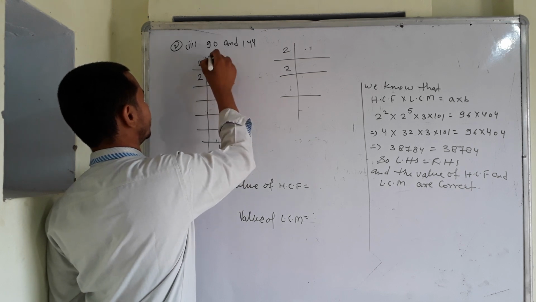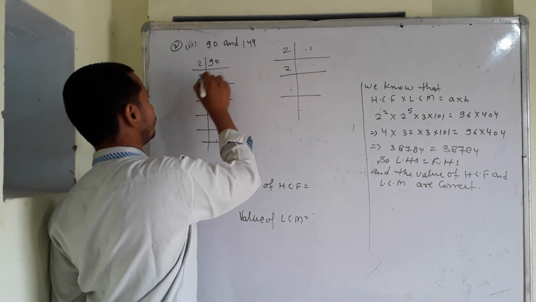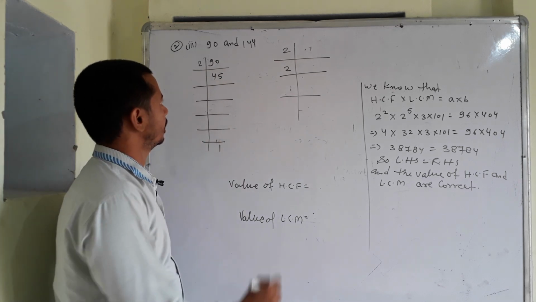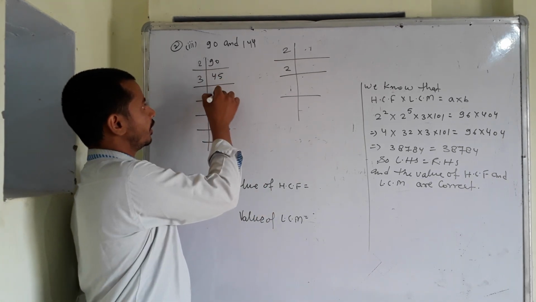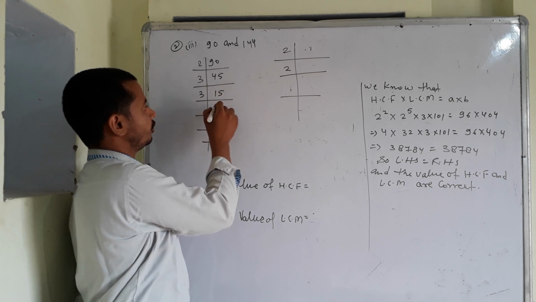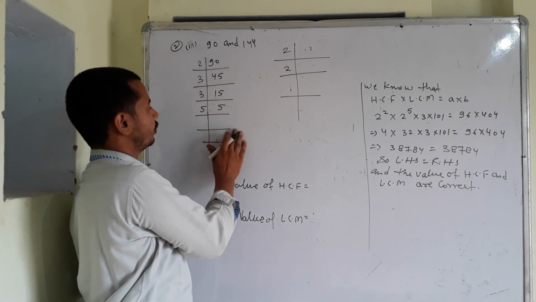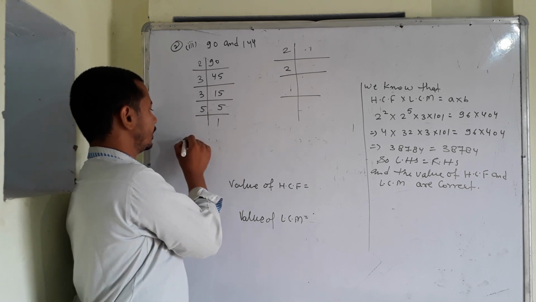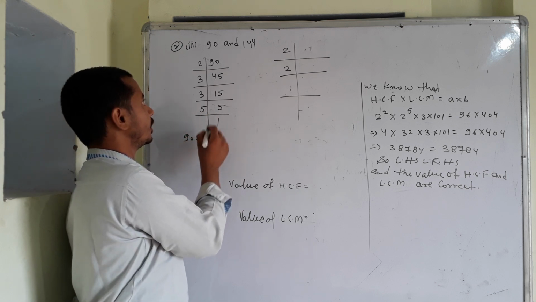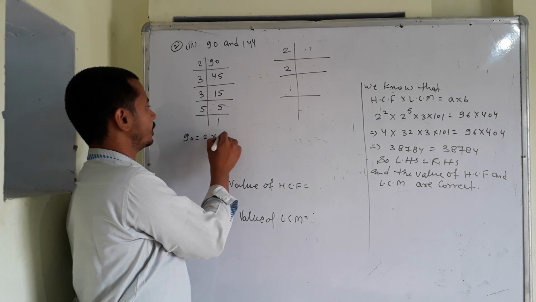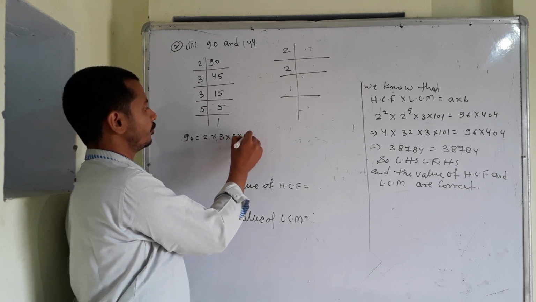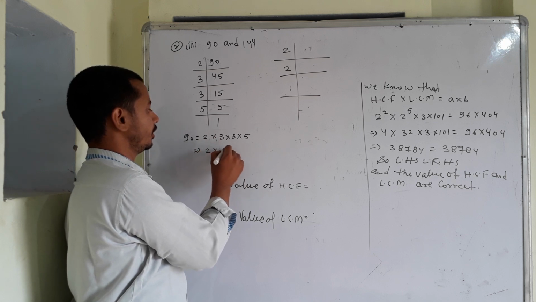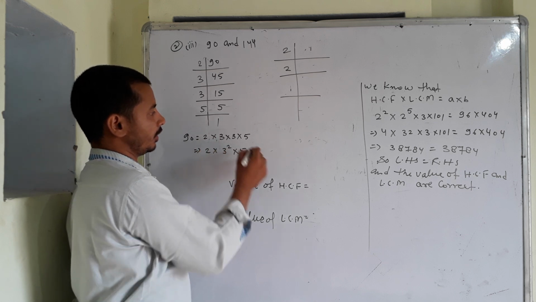When we factorize 90 by 2, then we find 45. Okay, divide by 3, then we find 15. Again divide by 3, then we find 5, and the last factor of 90 is 5, so we find 1. And we can write 90 equal 2 multiply 3 multiply 3 multiply 5, and we can also write it in the form of 2 multiply 3 square multiply 5.